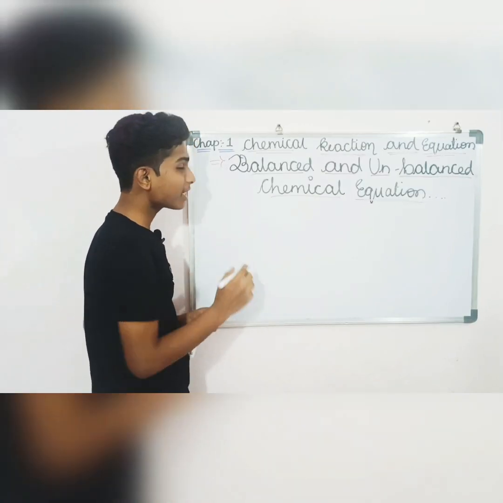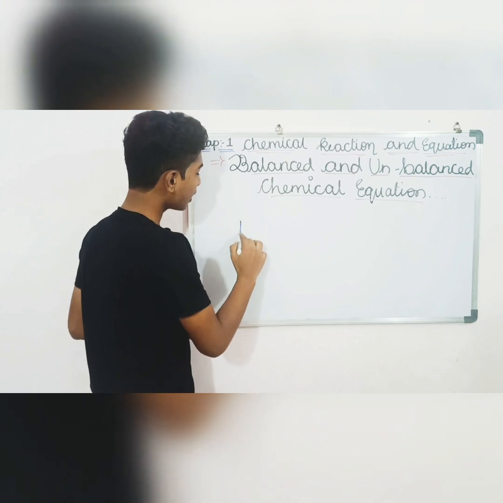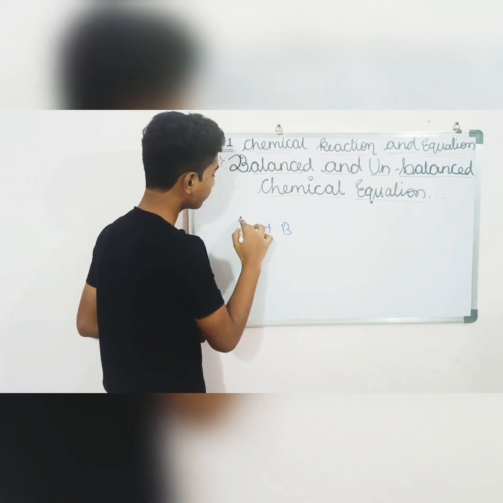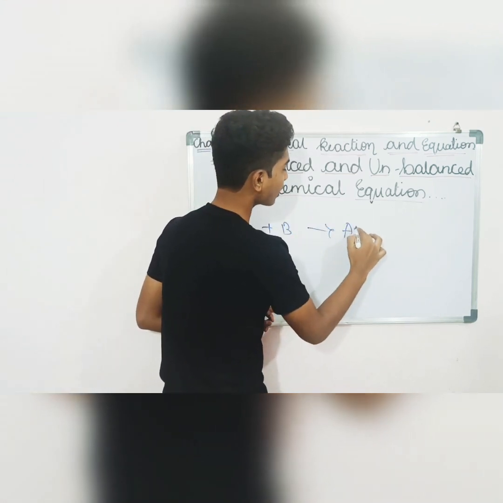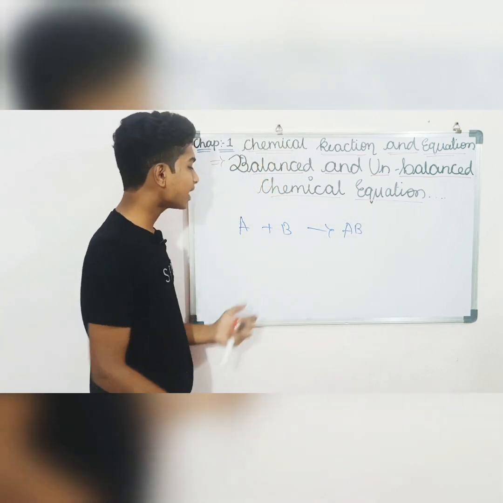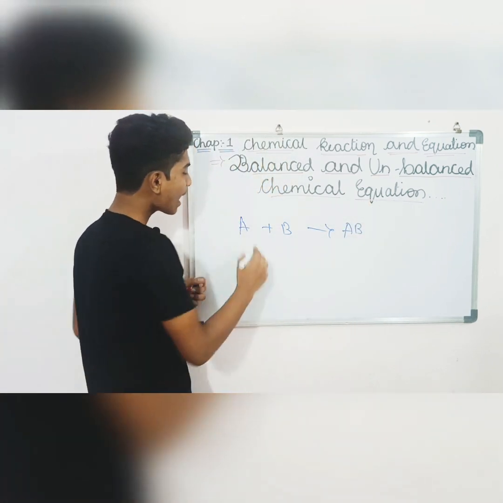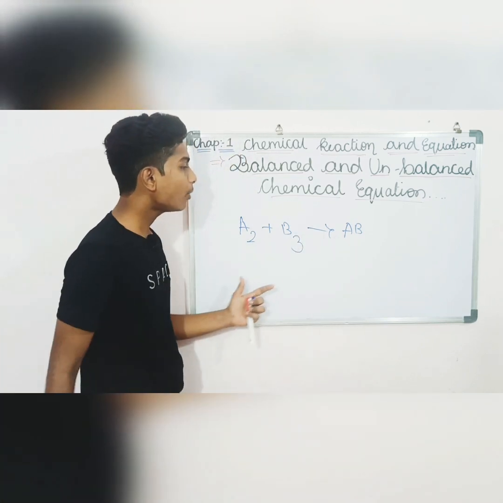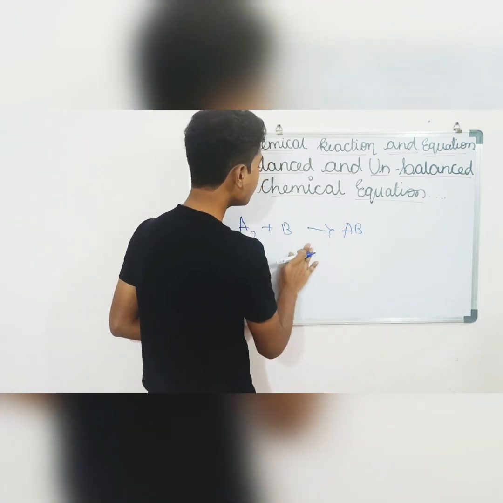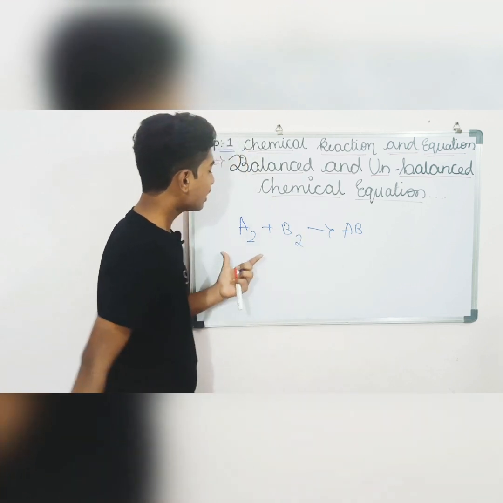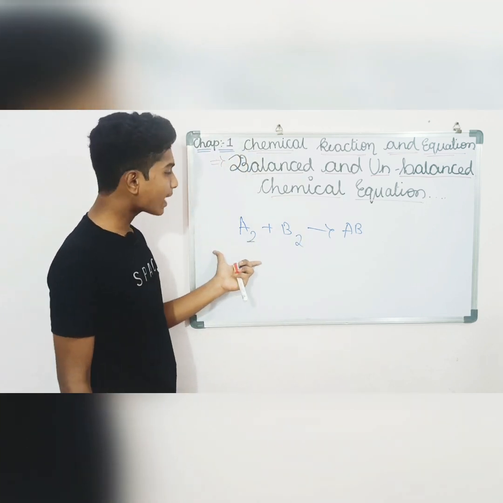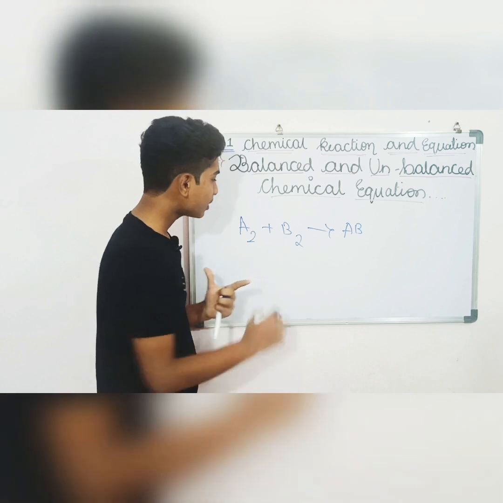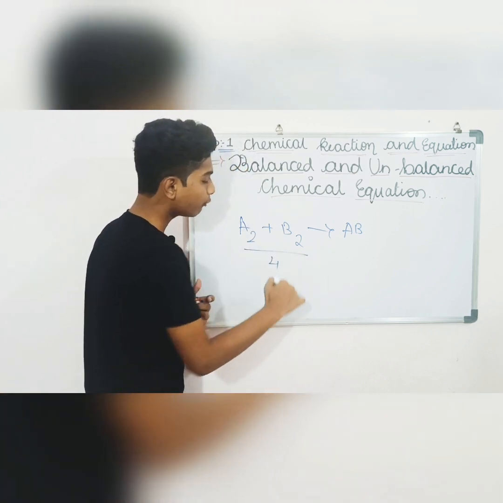Take the equation A plus B gives AB. Element A has 2 atoms, and element B has 2 atoms. Now when element A with 2 atoms and element B with 2 atoms react, reactant side atoms are total 4.